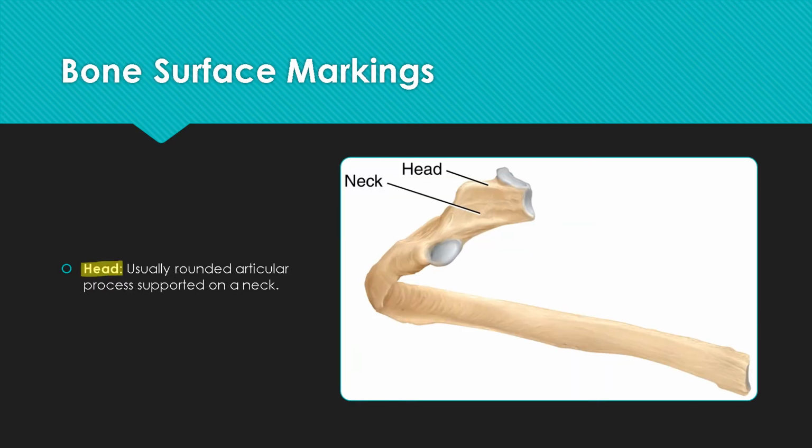A head is usually a rounded articular projection that is supported by a neck. Now a neck is usually a more constricted portion of a bone. So here we have the head supported by the neck on this rib here. We see heads on a femur, so the head of the femur, and we also see a head on ribs like this one here. So those are going to be the three processes that form joints.